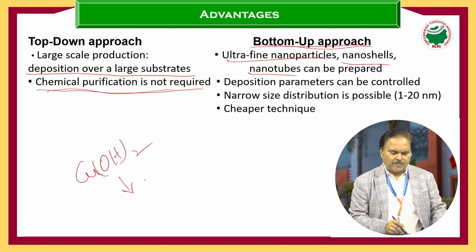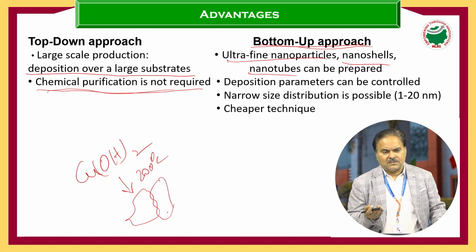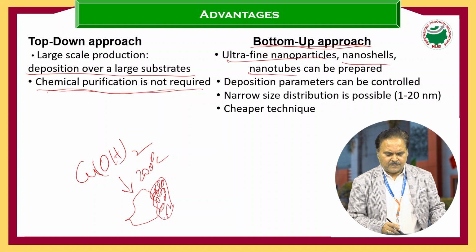Then if you heat around 200 degrees centigrade, you will see particles with structures like leaves. That means a lot of atoms are surrounding it. But if you check, it will be pure copper oxide only.